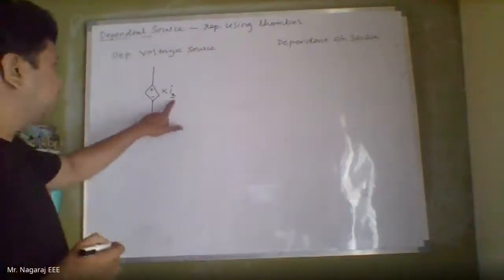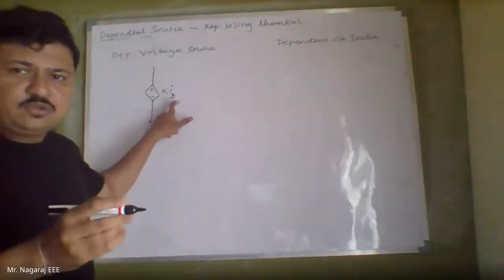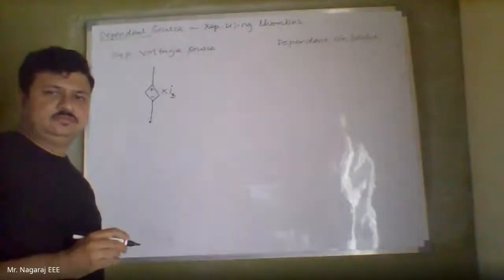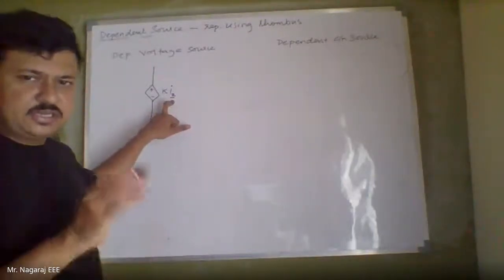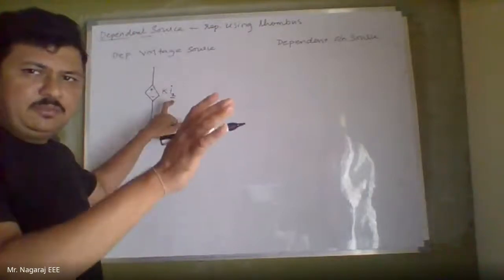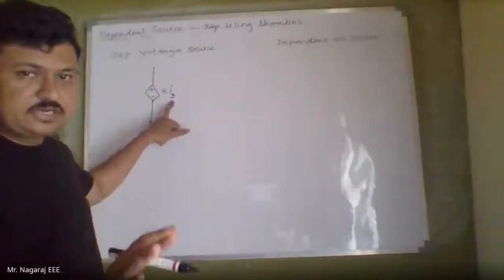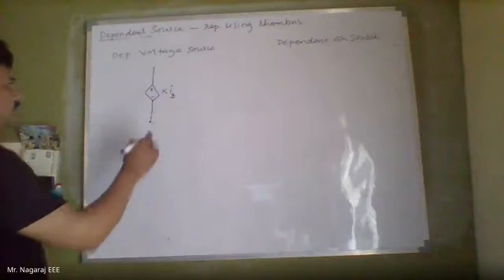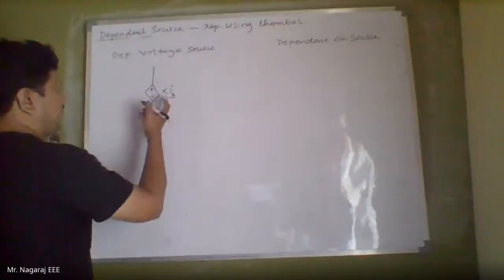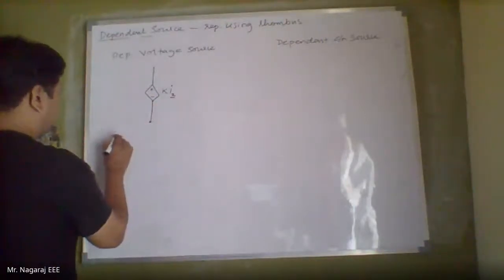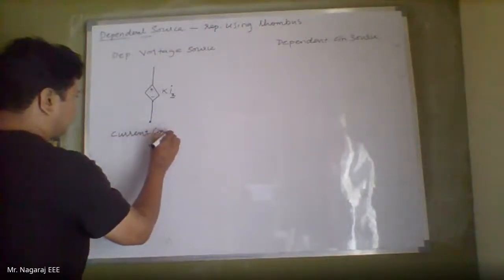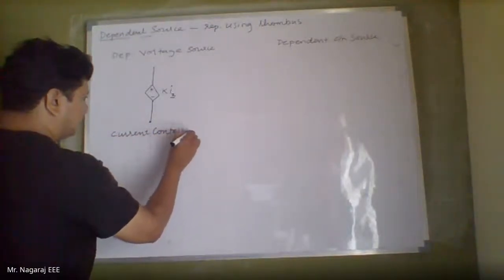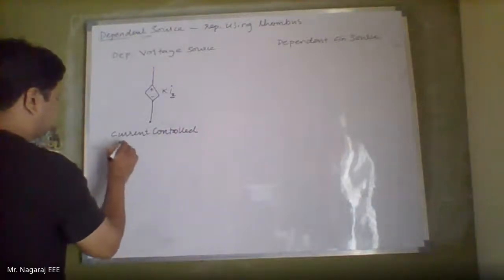Now what is this Ix? Ix is the current through some element in the same circuit, not in a different circuit. It should be in the same circuit. So it is a current controlled voltage source.